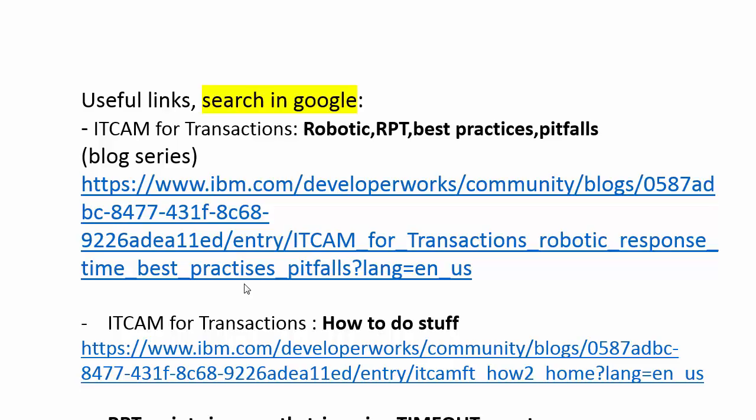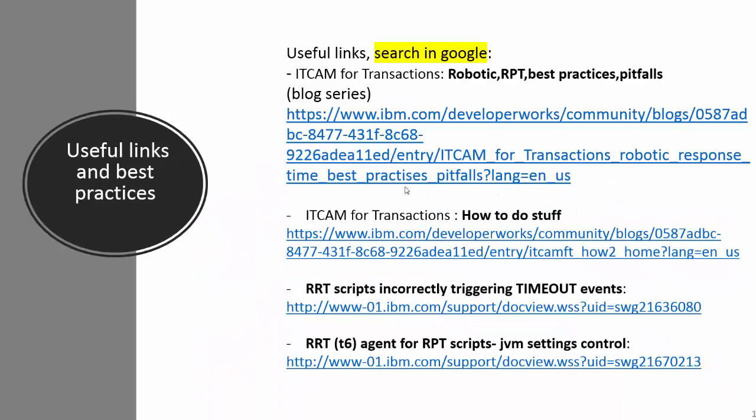To finish this presentation, several useful links. If you search in Google on the keywords that I have put in bold, you should find, for example, a blog series, How to Do Stuff, a very useful blog. Here is a link. If you have problems with timeouts, here is a very good tech note.